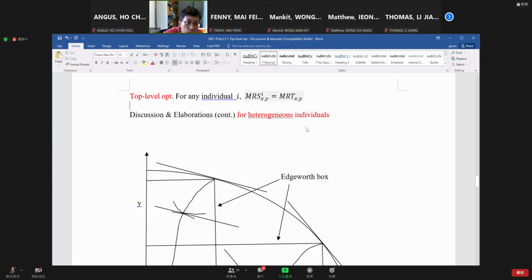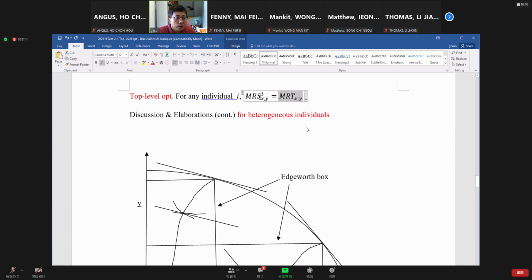That person's marginal rate of substitution must be equal, for anybody, to the marginal rate of transformation. That is the marginal rate of substitution in a technical sense. This is in producing, this is in consuming by anybody.